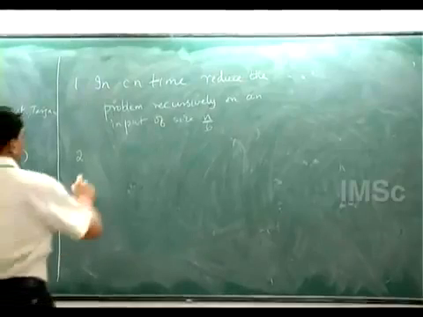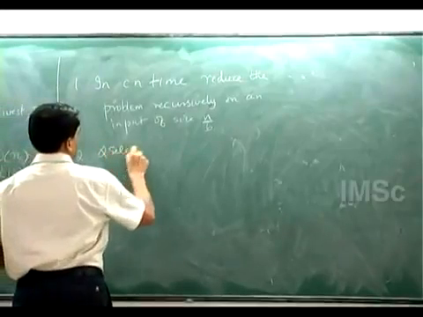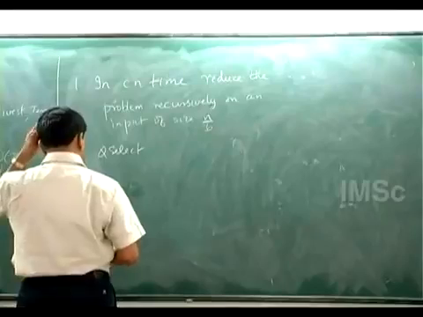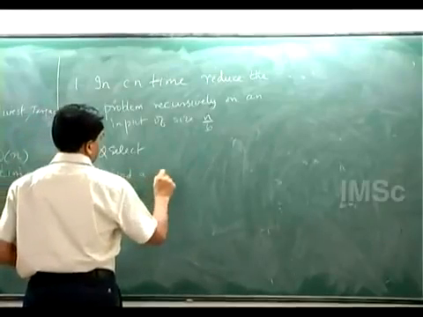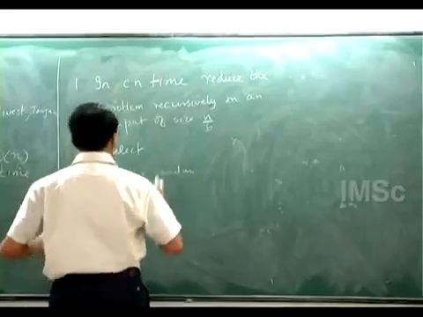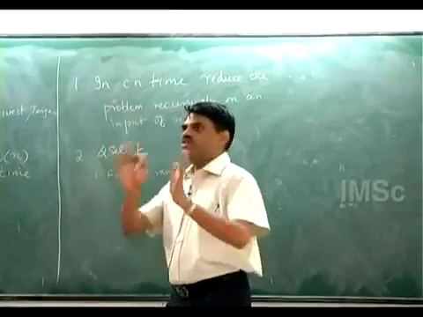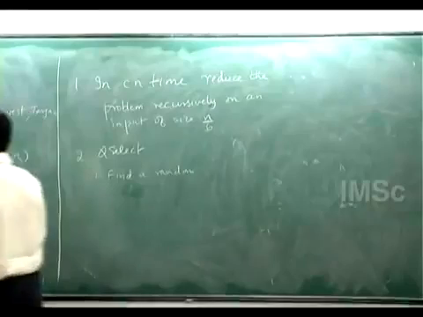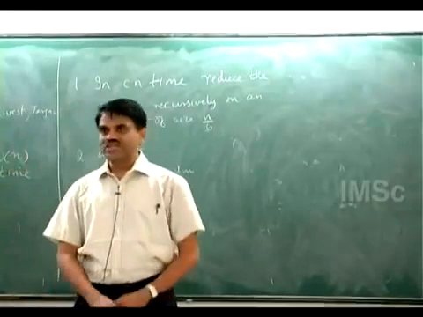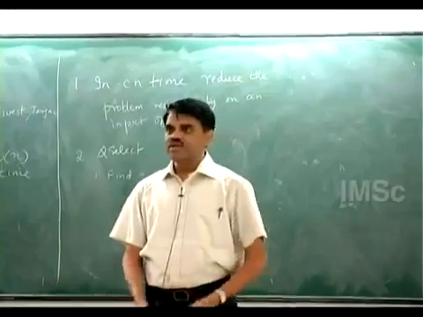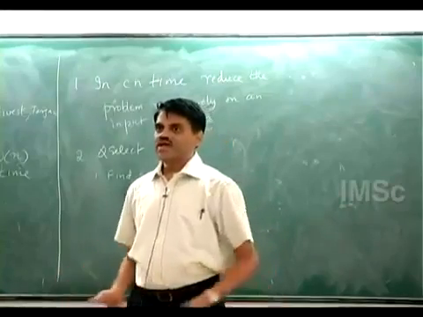Let's write this. So find a random element. Remember, now our goal is not to sort, but to find the kth smallest element. I'm going to talk about kth, because in the recursive situation, I may not necessarily be finding the median, but some other element of some rank k.